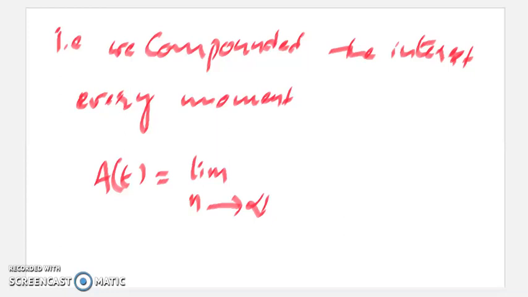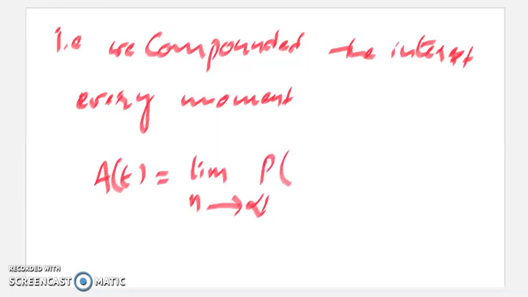Here n means compounded n times per year, but here the compounding becomes very large.